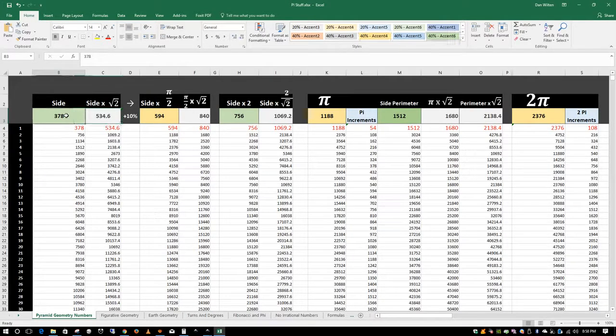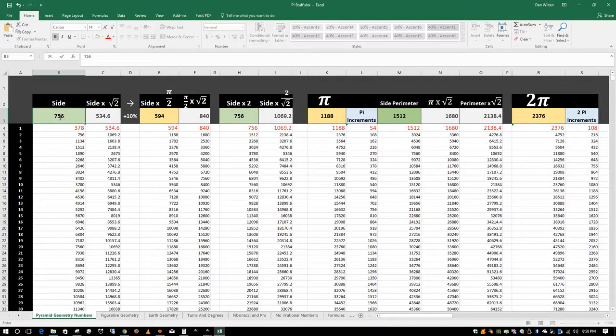So basically what I've done is I found a way to eliminate all of the irrational numbers simply by using the pi increments. If you remember last time, I keyed in on the pi increments to show you, for example, this is half the size of the side of the Great Pyramid, which is 378.